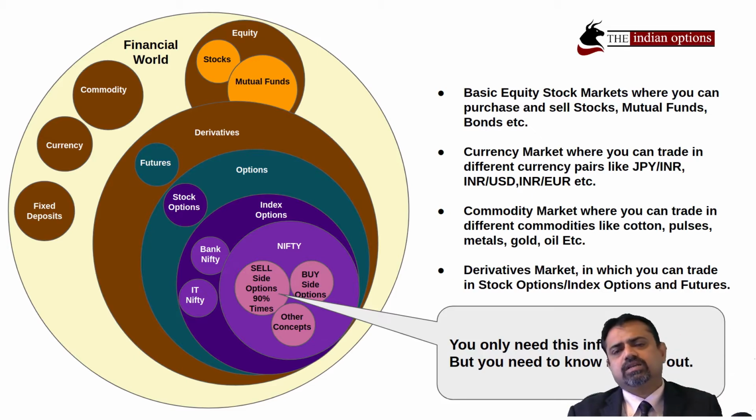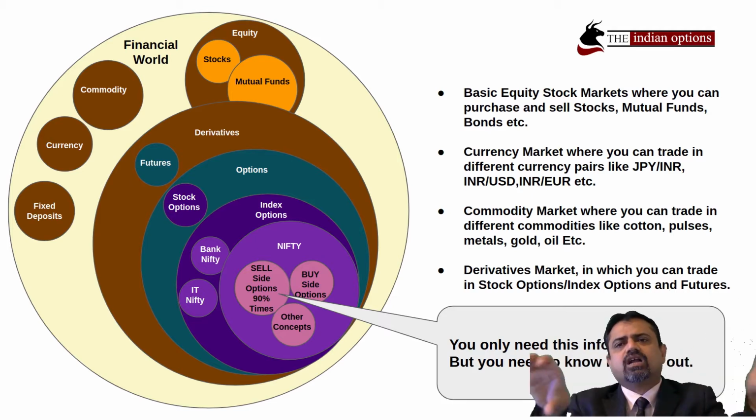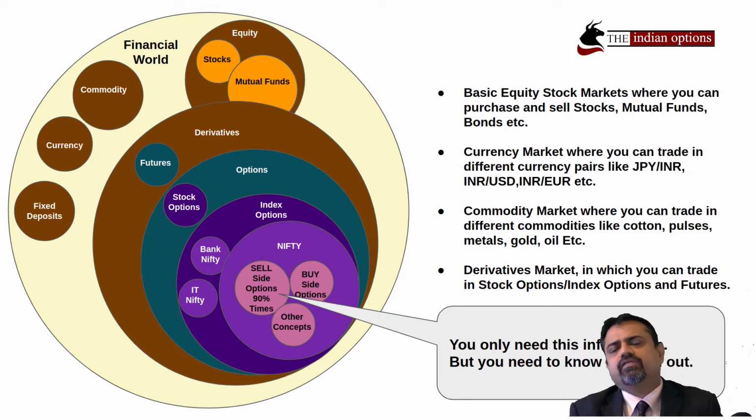And the currency market usually deals with foreign currencies like USD versus JPY, or USD versus INR, or pound versus US dollars, or Singapore dollars, all those. You can take any currency pair and start trading with that.